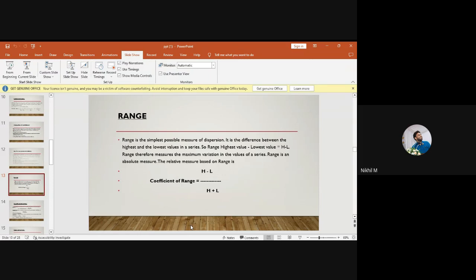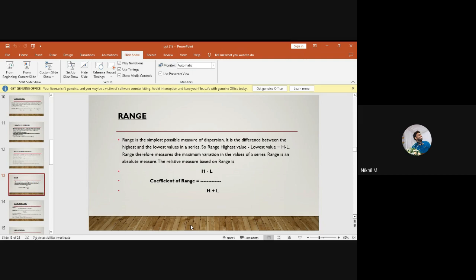In relative measures, the coefficient of range is H minus L divided by H plus L. Range shows the difference between the highest and lowest values in a series.